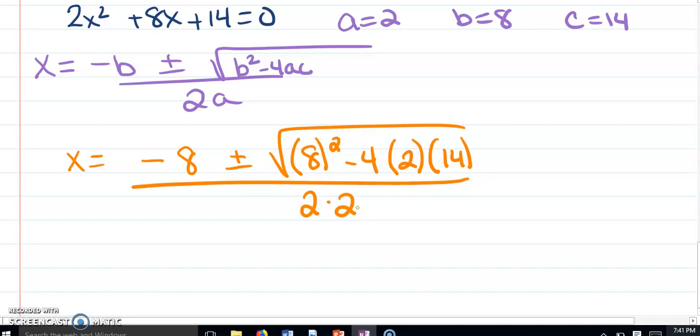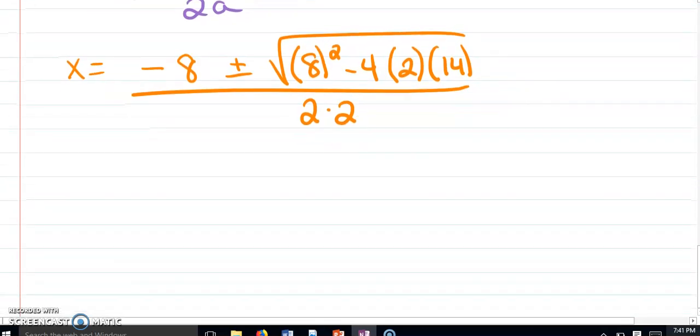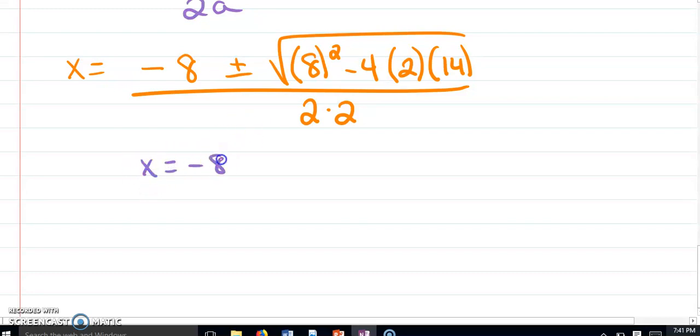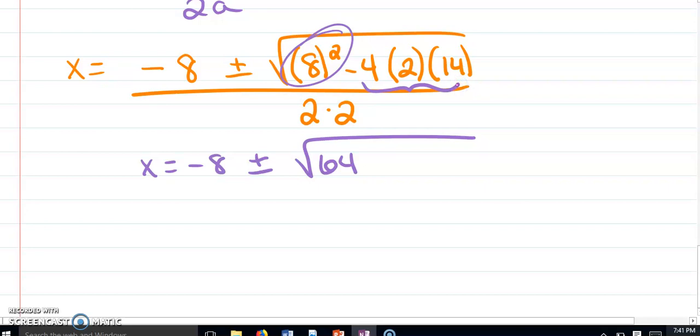And if we simplify, we always simplify what's inside the radical first using PEMDAS. So x equals -8 plus or minus the square root of 8 squared is 64. And then if you want to skip ahead and multiply here, you can do that at the same time, but you could also write it out twice. So you're going to do -4 times 2, which is 8, times 14, which is negative 112, all over 4.